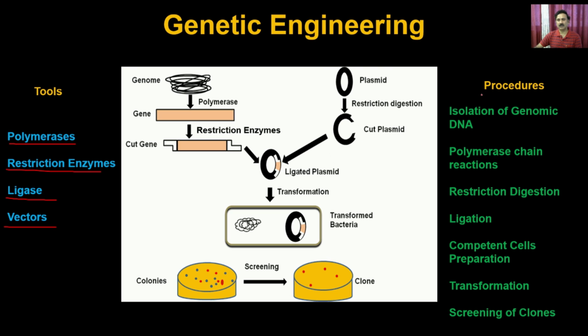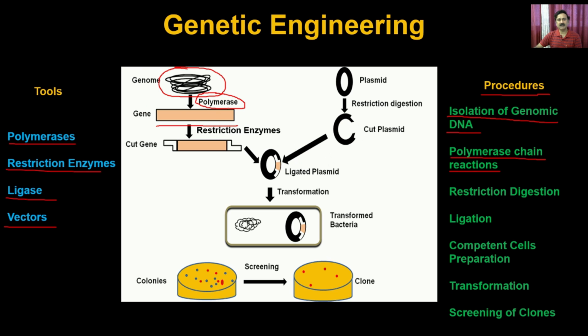Whereas in the case of procedures, if you want to generate genetically modified organisms, first you have to isolate the genome of the particular organism. So the first procedure you have to learn is the isolation of the genomic DNA, and then with the help of the polymerase enzyme you can isolate the gene, which you achieve simply by going with the polymerase chain reaction.